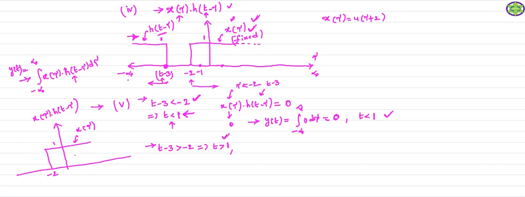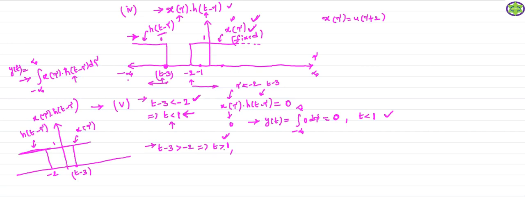Whenever the time t is greater than 1, there is definitely an overlap of the signal. So this is your h of t minus 3. This is your h of t minus tau signal.